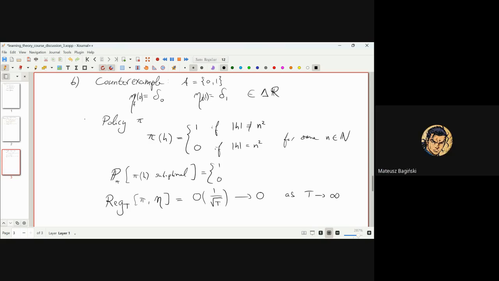So my question is, it's a vague question, but would there be situations in which we would, in some sense, want the probability of taking a suboptimal action to go to 0, in addition to knowing that we are learning the environment or the environment class?